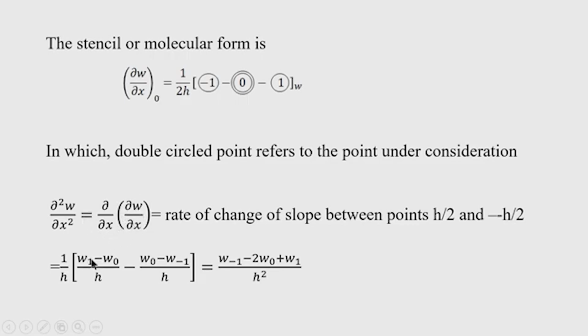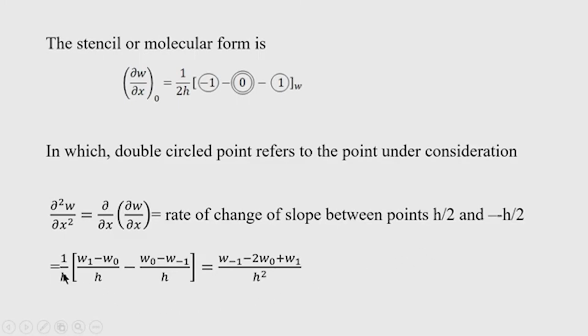So, w1 minus w0 divided by h, and then again w0 minus w minus 1 over h, because this is taken between points h by 2 and minus h by 2 for curvature. So, from h by 2 to minus h by 2, the gap is h.